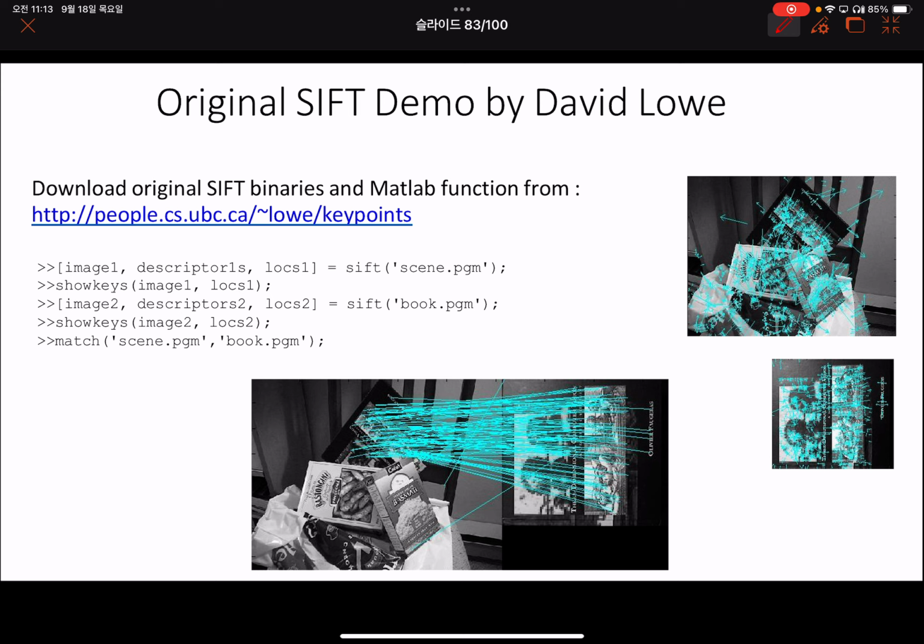And this shows the original demo. I think this is from CVPR 2003, maybe around. As I know, he gave a tutorial at CVPR 2003 and showed some demo. So you can see it's a little bit hard to recognize, but the viewpoint is very different between these images. Scale and rotation are really different, but magically it can find some correspondence.